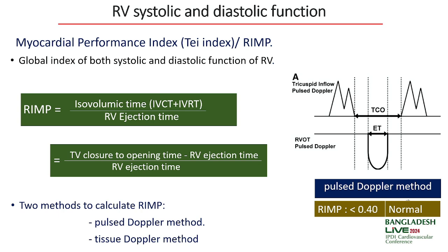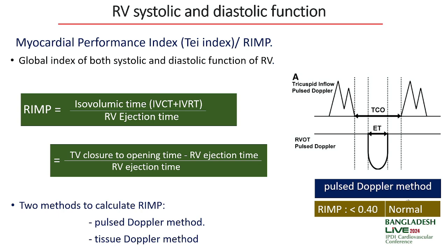How can we elicit it? Yes, we can use two echo views, one is the apical 4-chamber view, and another is the parasternal short axis view, or the RV outflow. In the apical 4-chamber view, in the RV inflow study, if we trace the tricuspid valve closure to opening time, and if we detect RV ejection time from there, we will get isovolumic time.